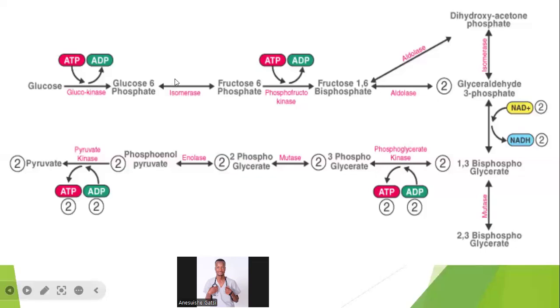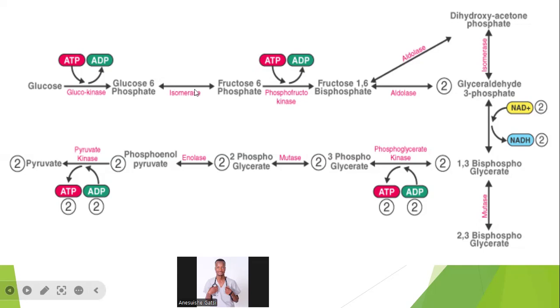Okay, so now for the first step, you have to be able to produce a molecule which can be broken down into two isomers, not identical, which have 3 carbons each. Because glucose has 6 carbons, but for the second major step, you want to break that down into molecules with 3 carbons. So we rearrange the arrangement of the carbons.